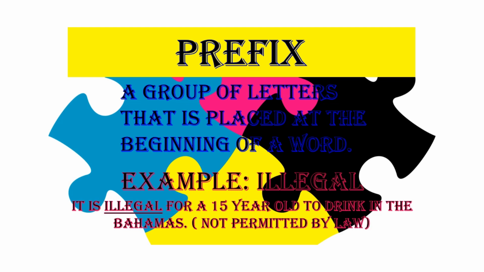And once we would have added the prefix, we see that the meaning of our word has changed to not permitted by law. Sometimes when you add a prefix, the meaning of the word may change, as well as the part of speech for the word.